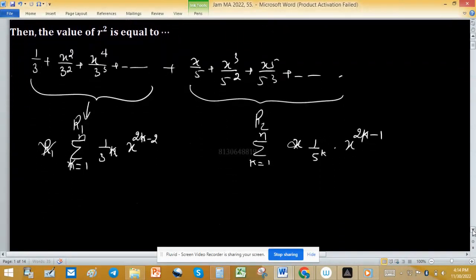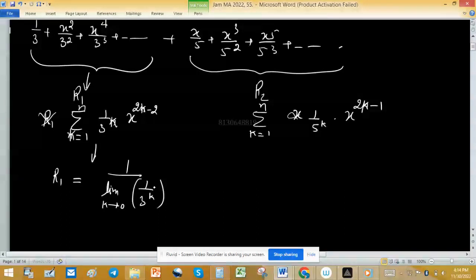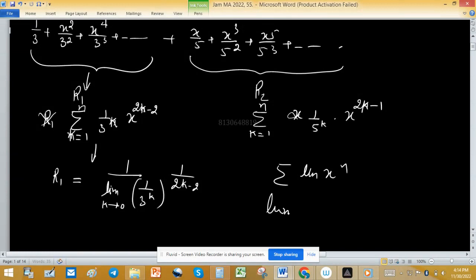Now, one by one, we will try to find the radius of convergence of the first one. So R1 equals 1 upon limit k tends to infinity of 1 upon 3 raised to the power k, raised to the power 1 upon 2k minus 2. If summation un x raised to the power n, then the radius of convergence is 1 upon limit n tends to infinity of un raised to the power 1 upon n.